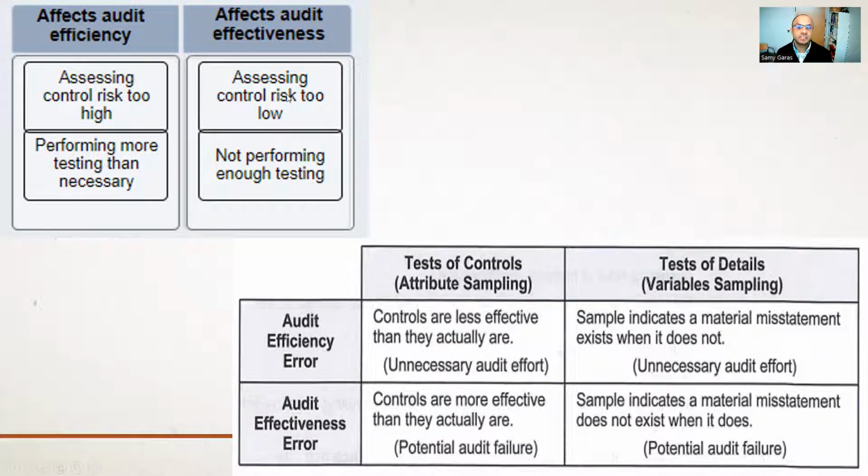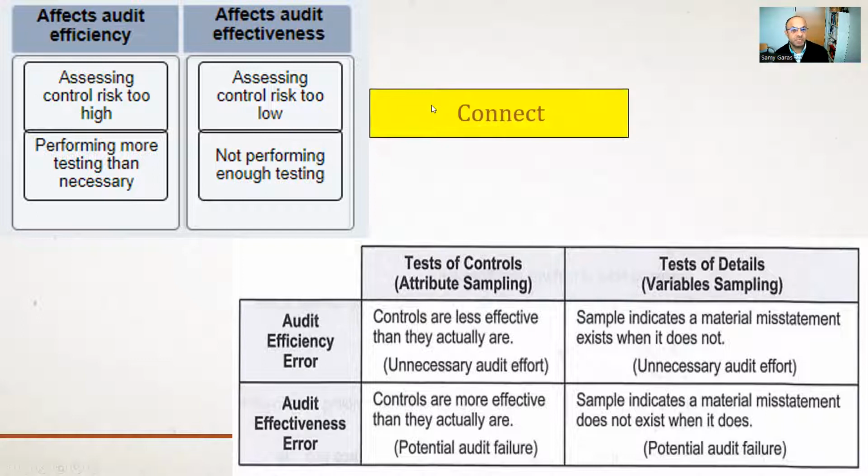If he assesses the control risk as too low, it means the internal control is effective, so the auditor will choose a small sample, and this will affect his effectiveness or his opinion. This is what has been mentioned in Connect. When you study GLIME, GLIME develops the same table as Connect, but in a different way.